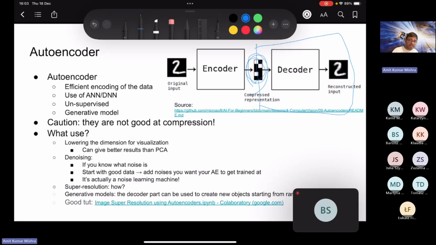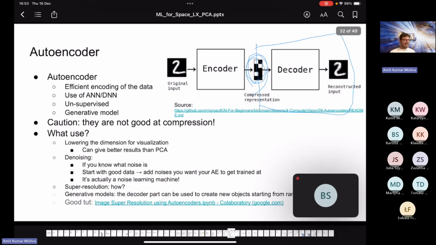The second requirement is that it has to be as close as possible in distribution to a Gaussian distribution. If I can make this compressed version follow a Gaussian distribution nicely, then I can separate the decoder and create any number using the same Gaussian distribution, and it will create new data.